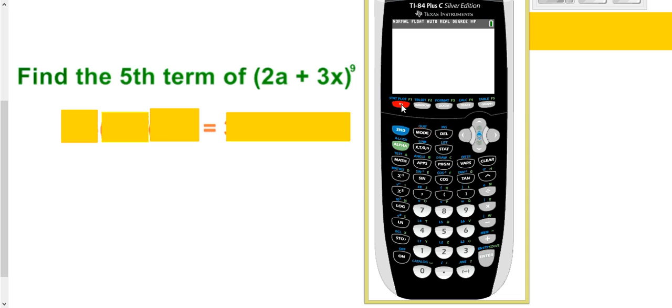So let's go y equals, and I'm going to type in 9. Then Pascal's triangle is really just different combinations. So I'm going to hit math, arrow over to prob, down to combinations, which is number 3. Then I'm going to type in x.